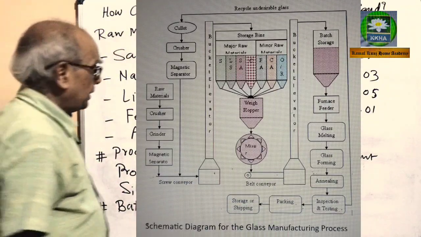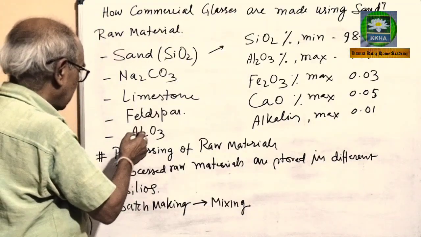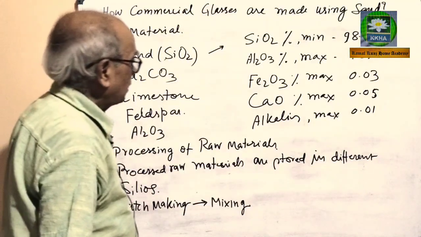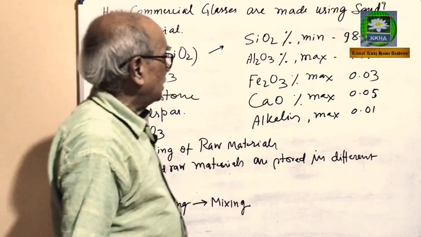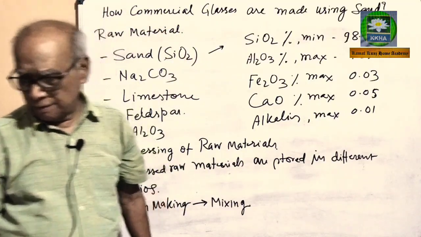Equivalent amounts of different raw materials, the sand, sodium carbonate, limestone, feldspar, are added to meet the chemical composition of the glass.